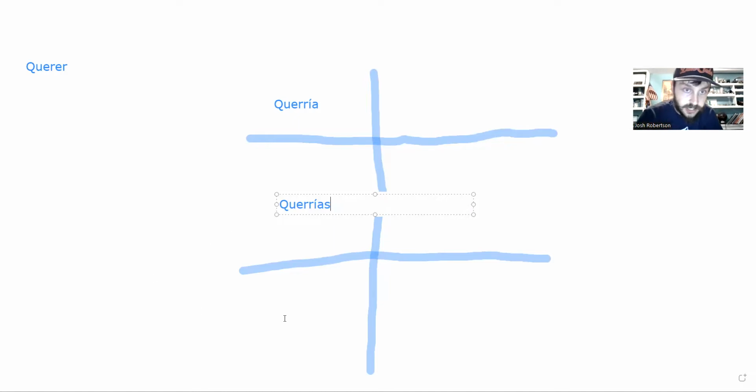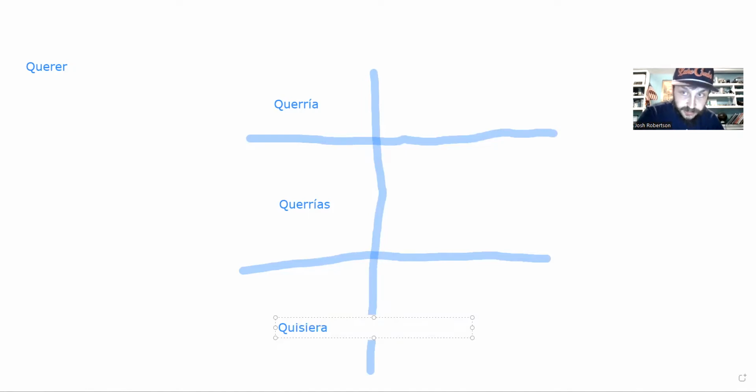Now, in the él, ella, y usted form, you actually know in the present indicative it is quiere. And in the present subjunctive, it is quiera, right? Quiso in the preterite indicative, quería in the imperfect indicative, right?